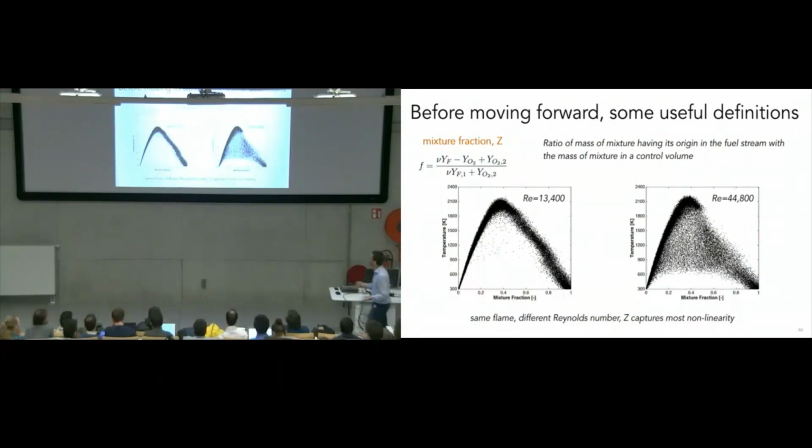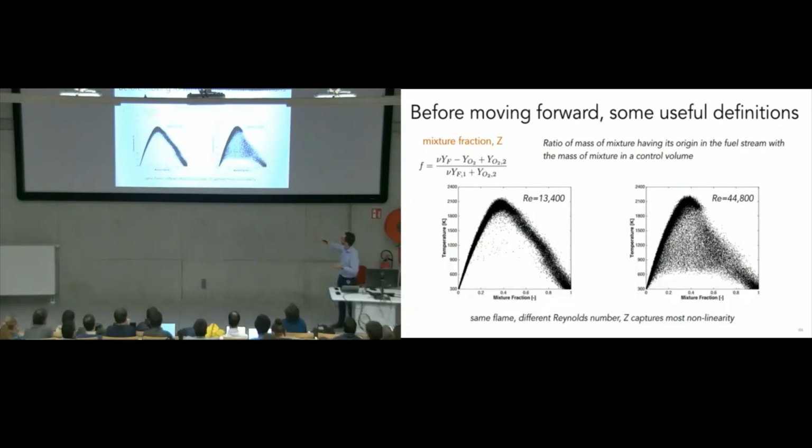Of course, you have a simpler data set where temperature is almost only a function of mixture fraction, but then you have very complex ones when the mixture fraction alone cannot explain everything in your system. You see that here you have a scatter. In this condition, I can have points which are ignited, non-ignited, and so on.